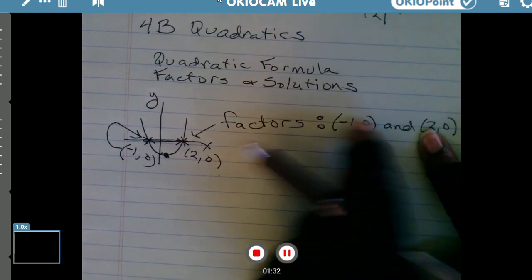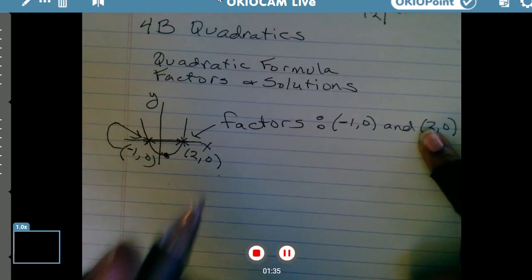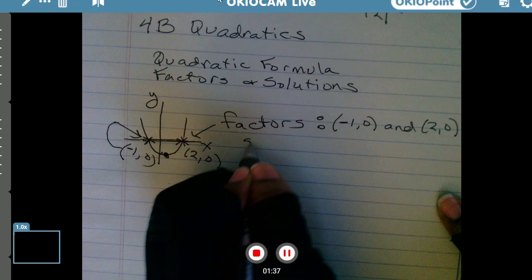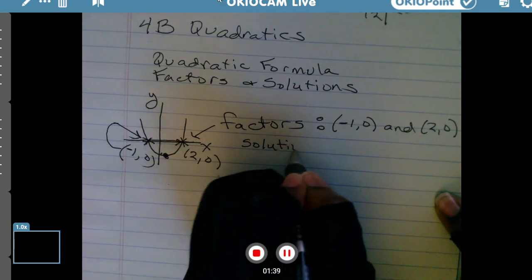If these are the factors, which is where it's crossing the x-axis, they are also the solutions.